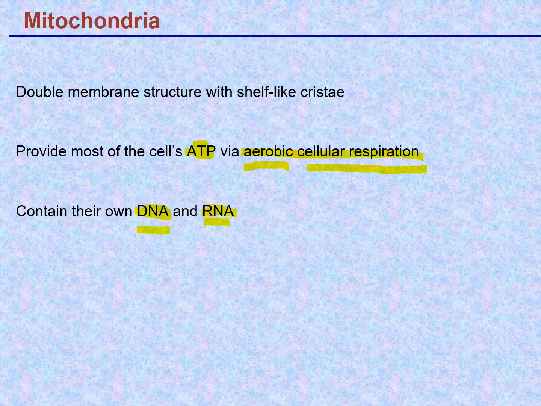So they have their own DNA, which codes for them, and they are in fact self-replicating organelles. So when a cell is dividing into two new daughter cells, the mitochondria will generate more new mitochondria, and it's using DNA inside the mitochondria itself.